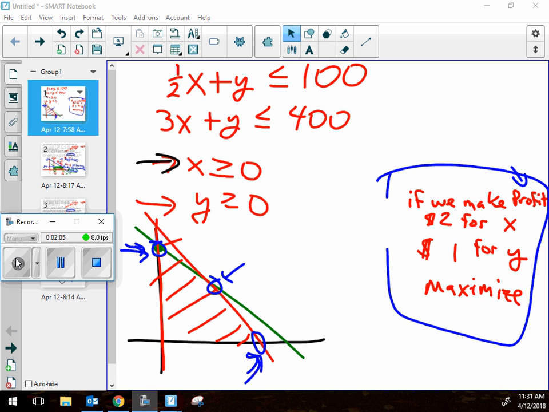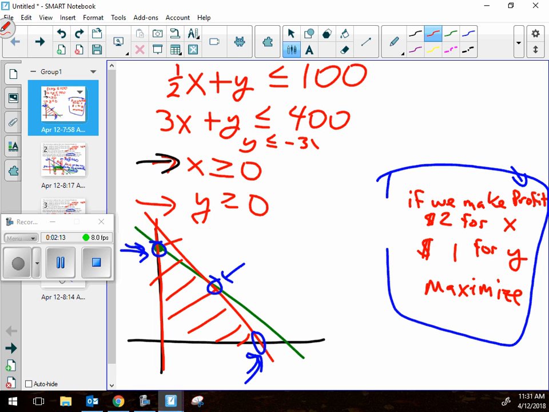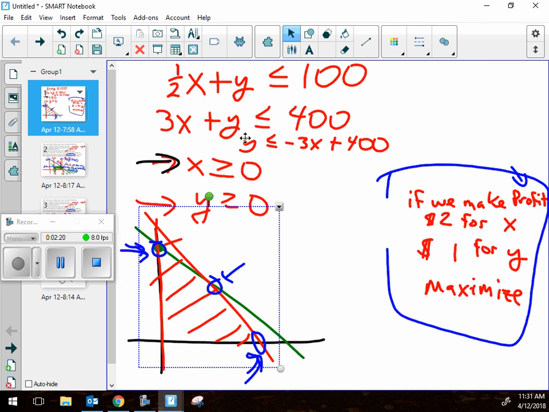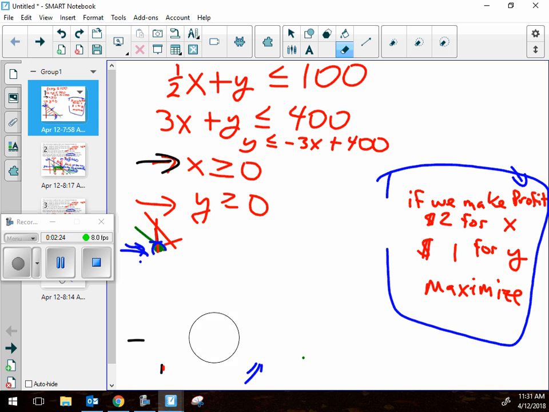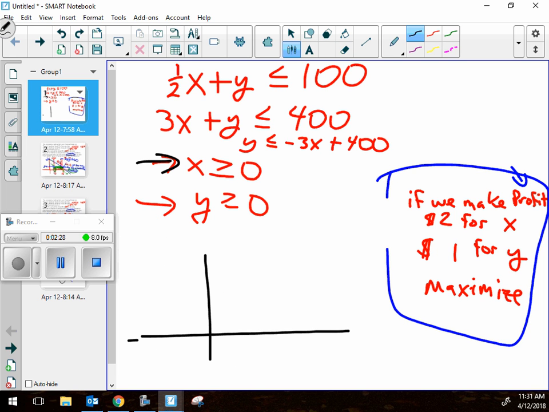All right, so you got two lines here. This is not to scale and everything, but you definitely have one that's steeper than the other. This one is way steeper. Okay, so if I was going to clean this up to make it look more like the real thing, I would probably make one of the lines has a slope of 3 and starts at 400. So that's going to start way up here and go very steep.